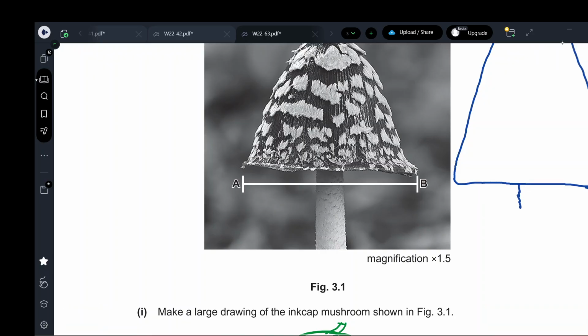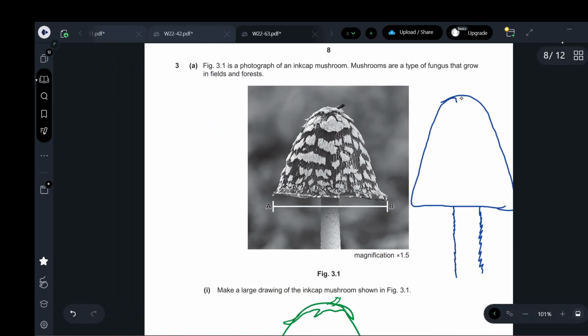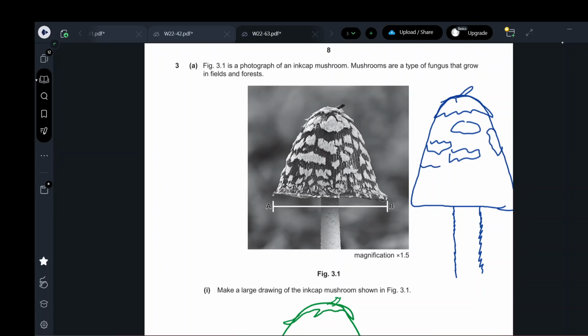It's a bit rough. Okay? And the mushroom cap, white cap on top. Separate white patches. Of course, you will not have to draw it all, white patches.